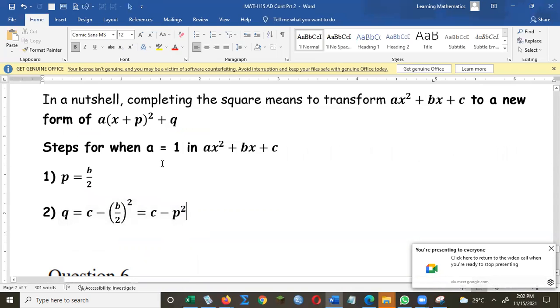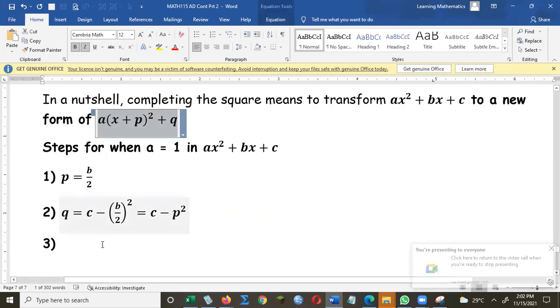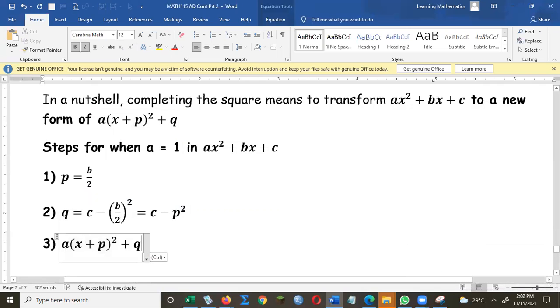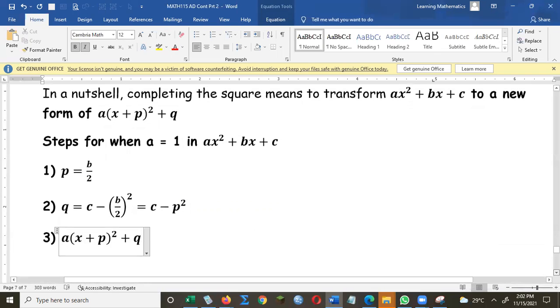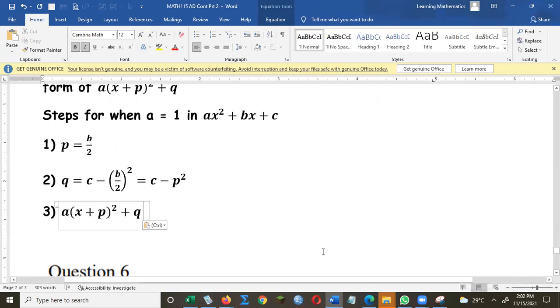All right. And then you just substitute back into that form. So step number 3, you're going to have a, whatever a is, well, a will be 1 in this example, and that's what you write. These are the 3 main steps for completing the square when a is 1.